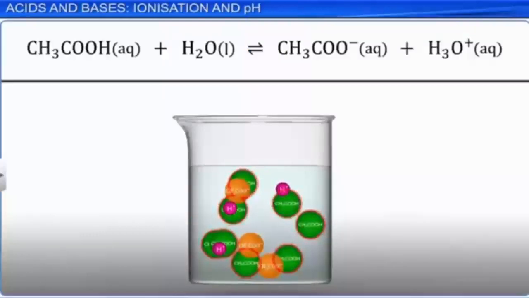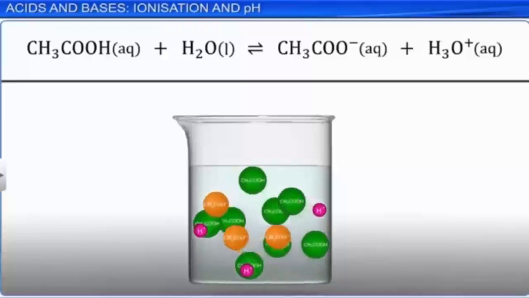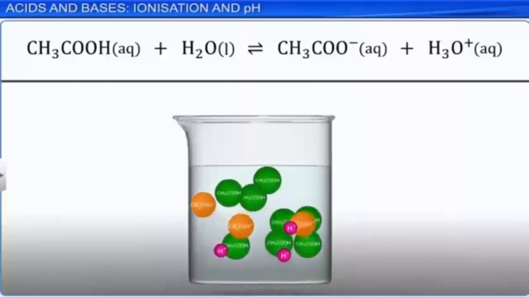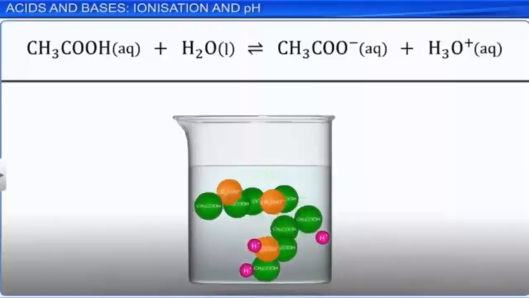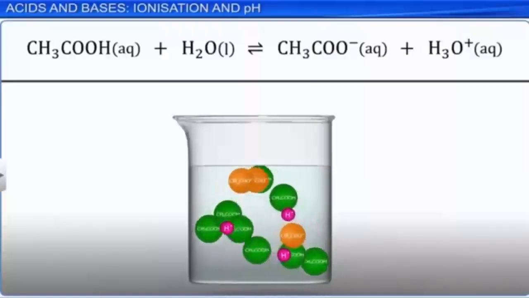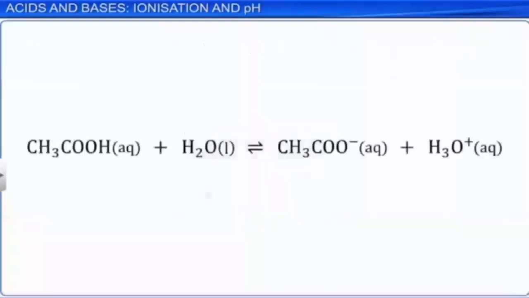This clearly indicates that the acetate ion strongly attracts the protons in the water, and thus it is a strong base compared to the water molecule. Hence, you can infer that a weak acid has a strong conjugate base.